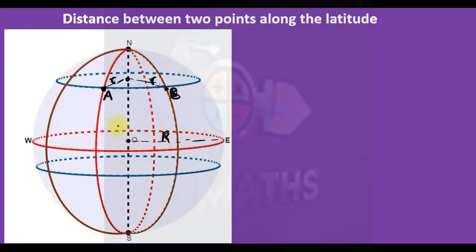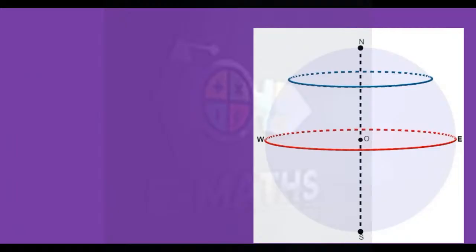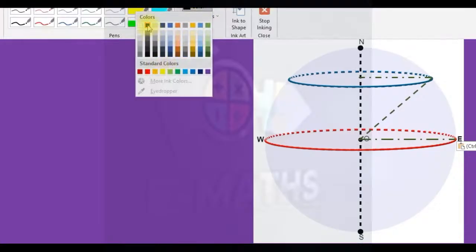As you can see, if you connect here to here, it is a big radius, which is R, because this is a big circle. So let's now find the relationship between small r and big R. Assuming we are given this, I've joined some points.